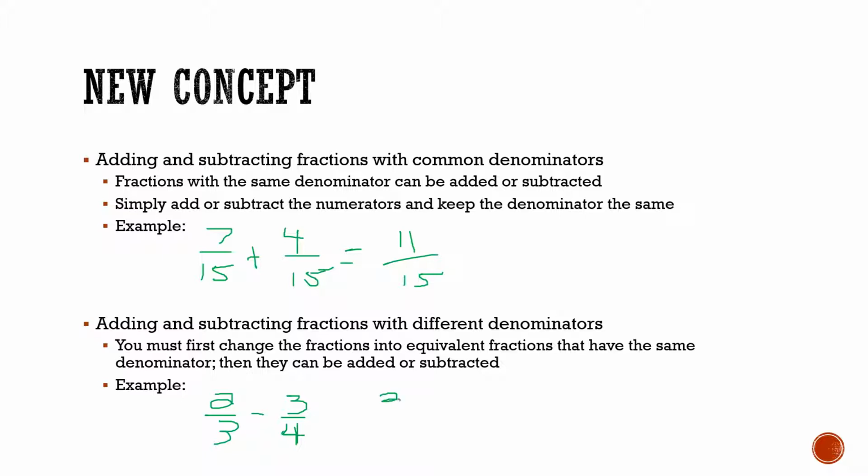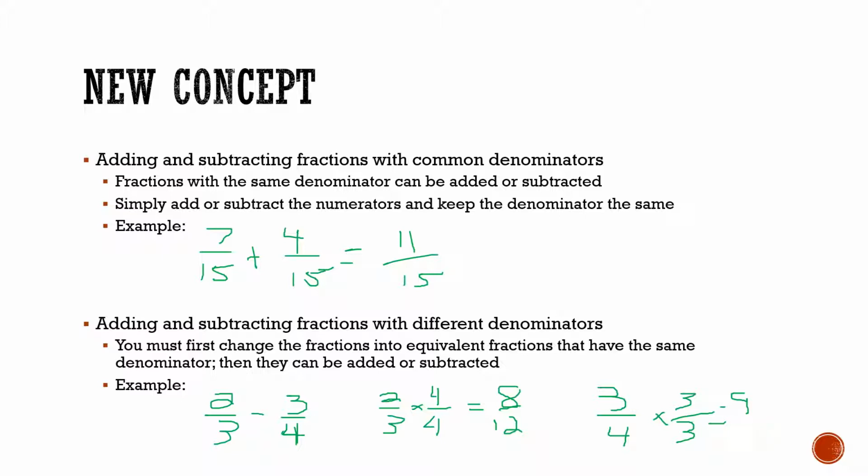To change those, we would do 2/3 times something over something equals something over 12. It's times 4, so we do 4 on top and bottom. That's 8/12. Then we do the same thing with 3/4. I know that's going to be 3/3, so that one's going to be 9/12.